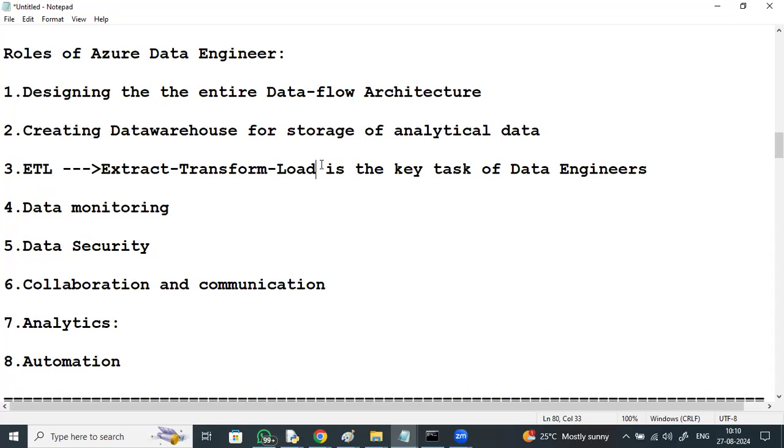They extract data from multiple sources, transform it into a structured and queryable form, and then load this data into the company storage service for business evaluations by the data scientist.